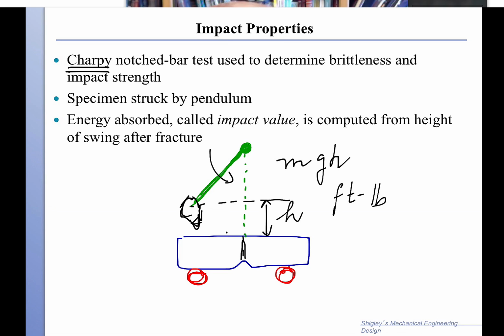If you do this test at different temperatures and plot the energy absorbed at fracture versus the temperature, you'll discover something very interesting. You'll discover that at low temperature, that energy is very small. So the material or the steel can be very brittle. It can behave like glass at very low temperatures.